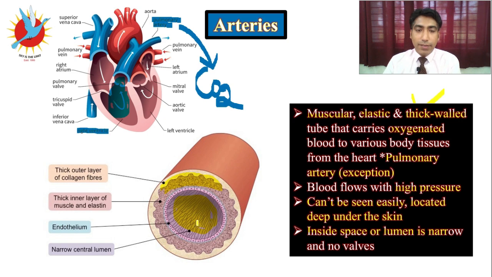So due to the less space, the blood pressure automatically increases. That is why the blood flows inside the arteries with a high pressure, and to withstand the high pressure, the thick wall is a very necessary feature present in the arteries.